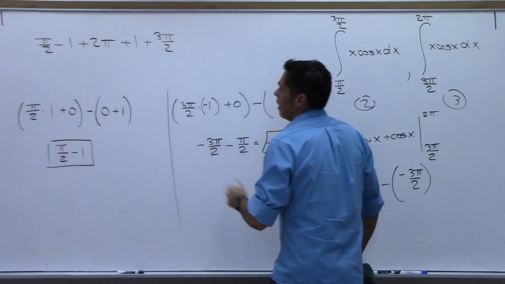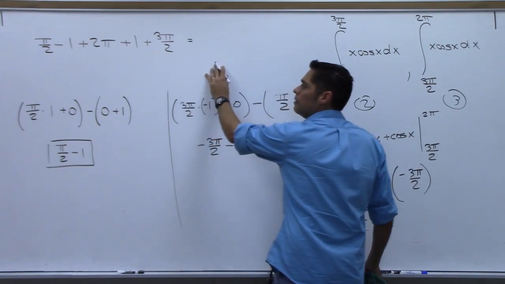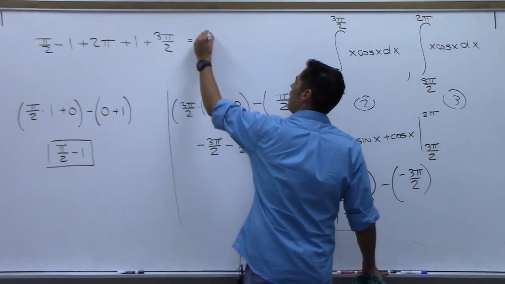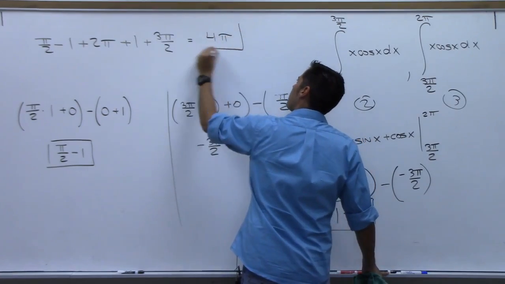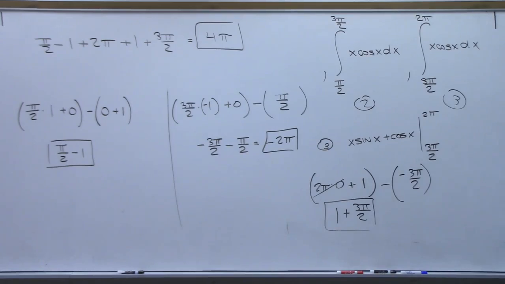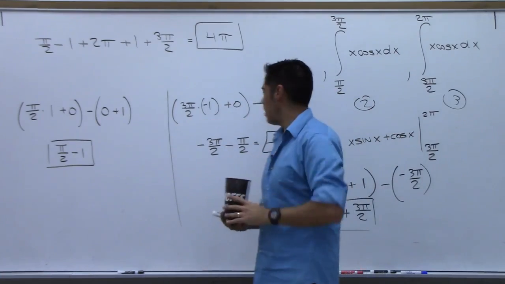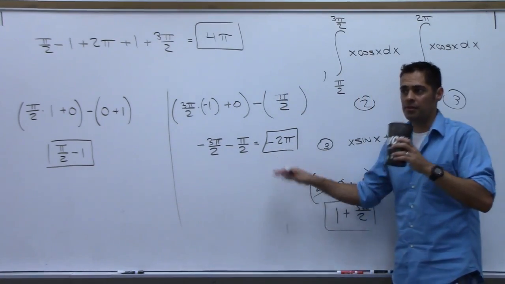Combine everything together, what is this? 4 pi. You getting 4 pi? 4 pi. Yes, you could do the absolute value. But you don't want to do the absolute value of the function inside. Just take the absolute value of the answer.